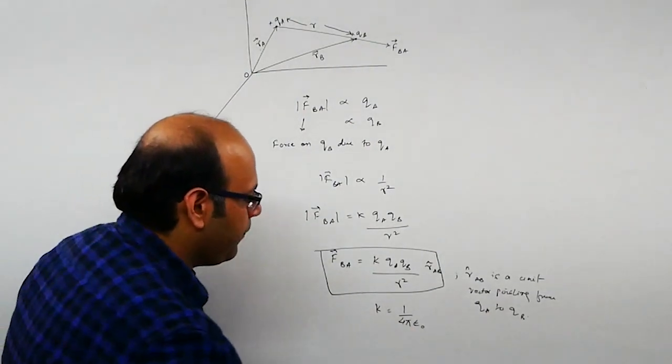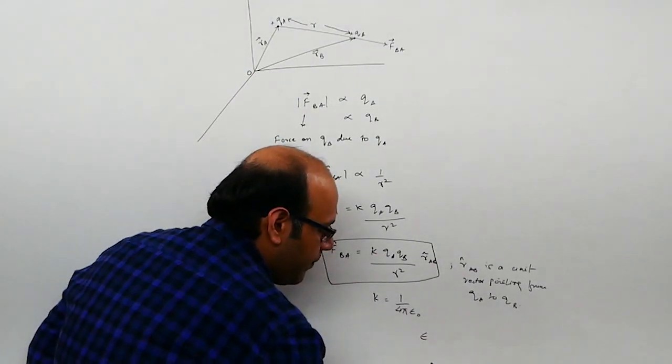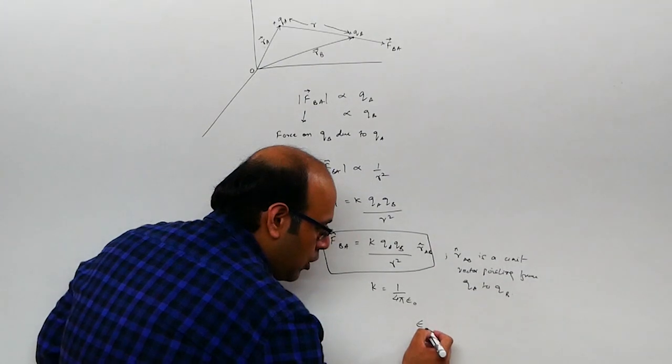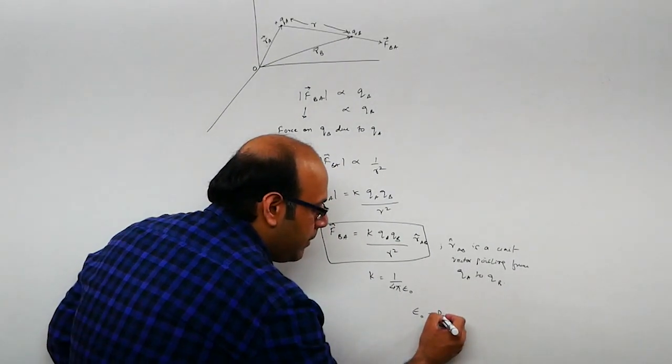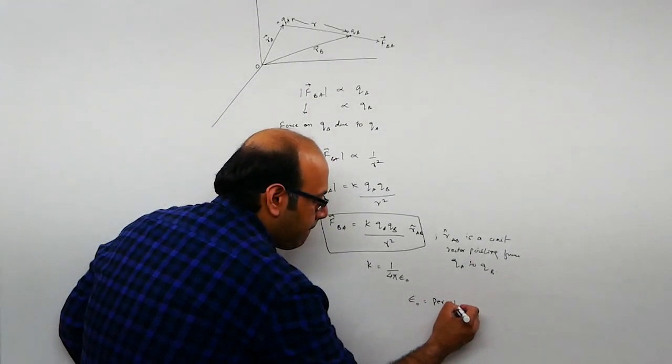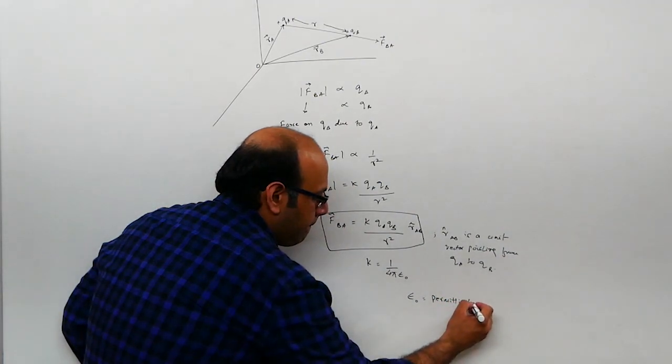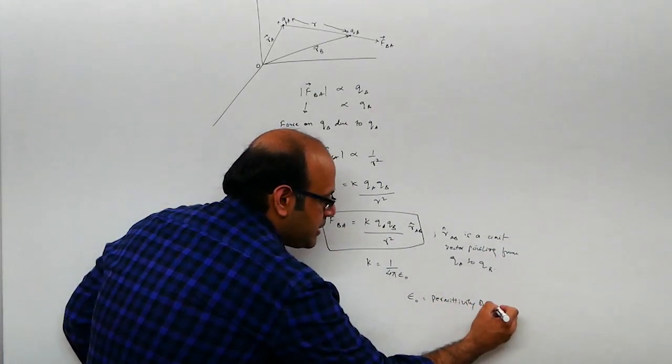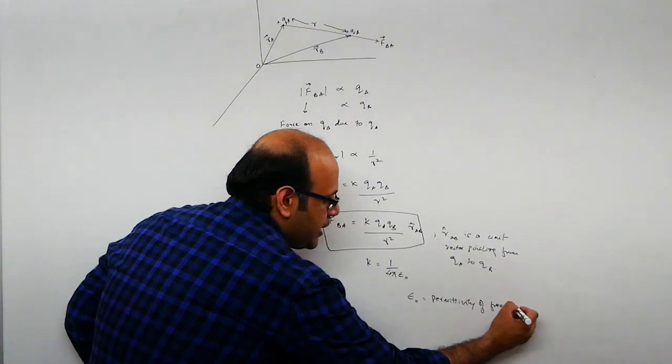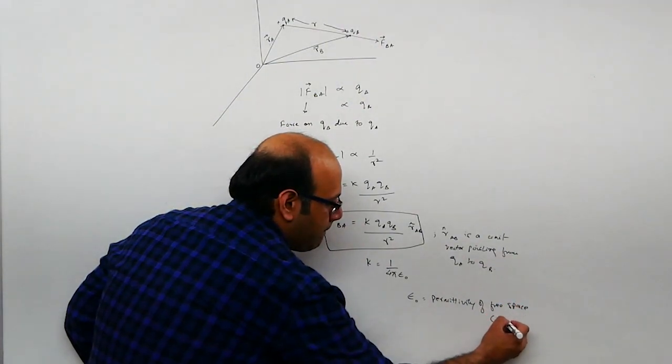This symbol epsilon naught is called the permittivity of free space. Free space means vacuum.